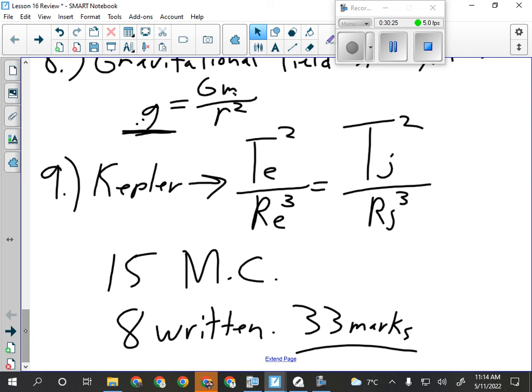Okay, so all you need to know about Kepler is these three laws. The law of elliptical orbits, which says that everything orbits in an ellipse. The law of equal areas, which says that as the planet is going around, if I have an equal time interval, like let's say 30 days, the planet will sweep out the same area each time.